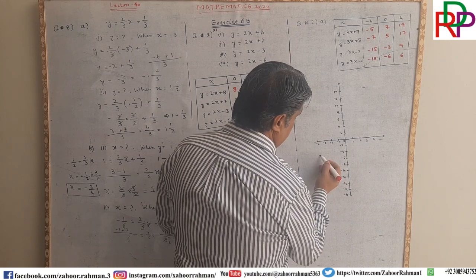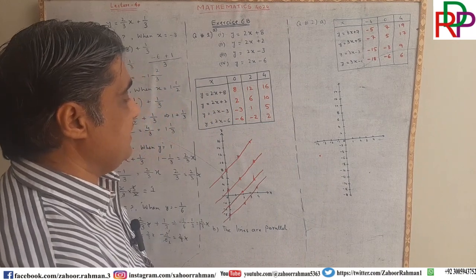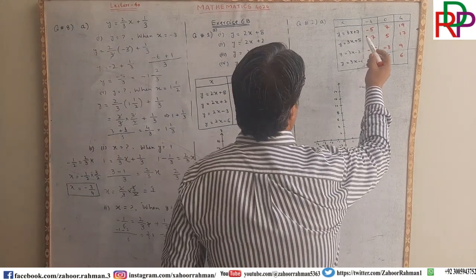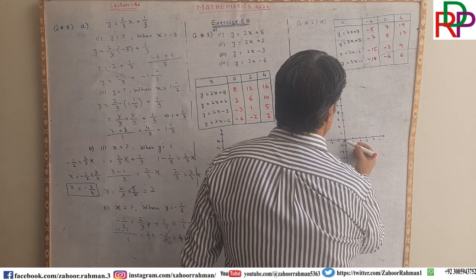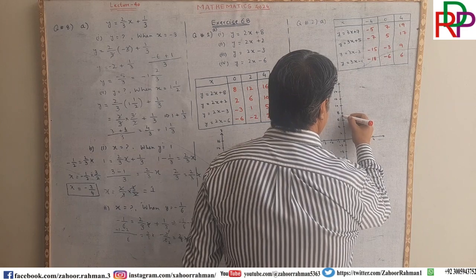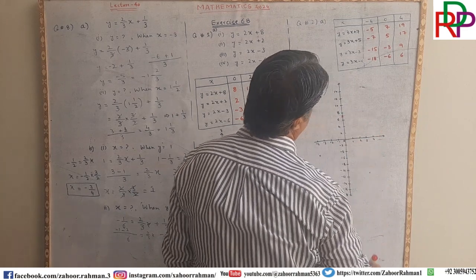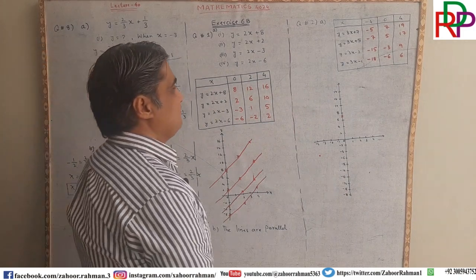So we are going to mark this point, and similarly now for the second, when x is 0 there is 7. So when x is equal to 0, y is equal to 7 will be between this 6 and 8.